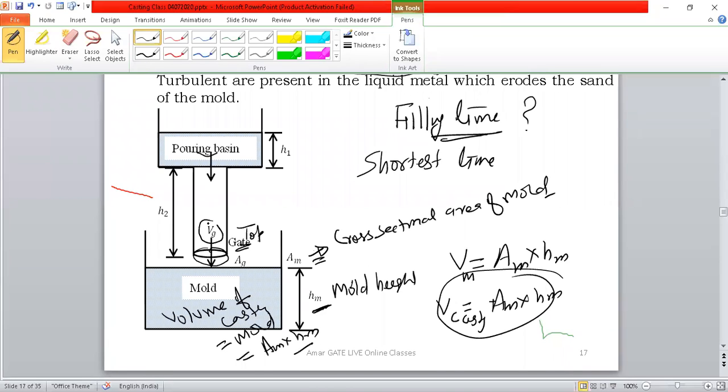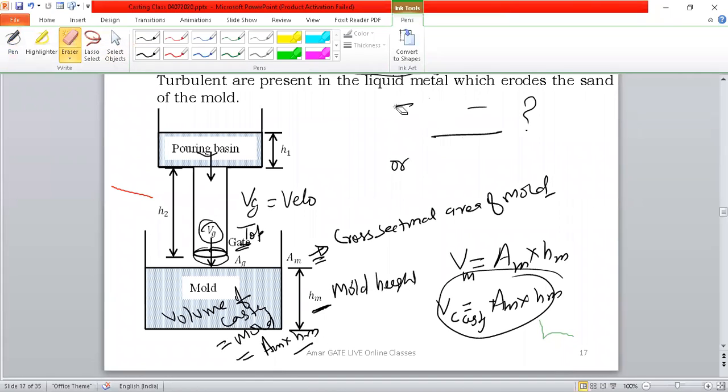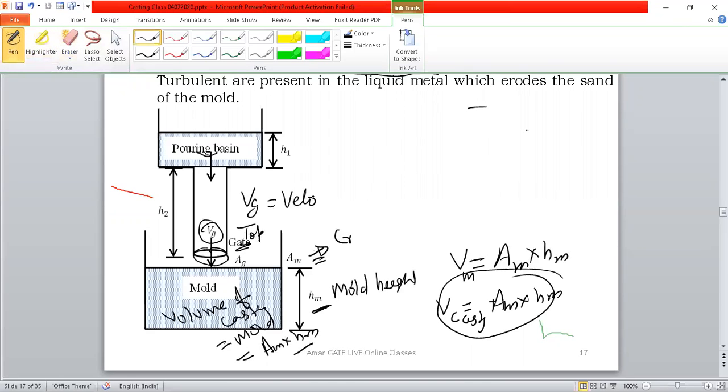Now what is Vg? Vg is the velocity of molten metal at the gate.